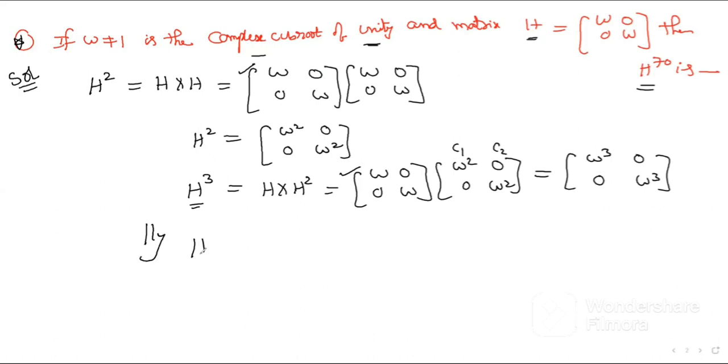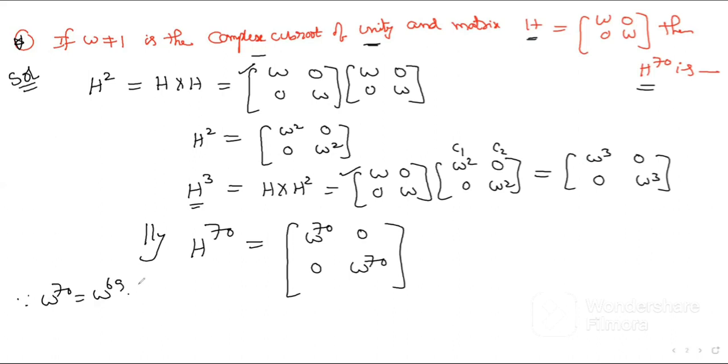So similarly H to the power 70 is equal to omega power 70, 0, 0, omega power 70. Okay, omega power 70 is equal to omega power 69 into omega. The omega cube value is 1, so omega power 69 is also 1.